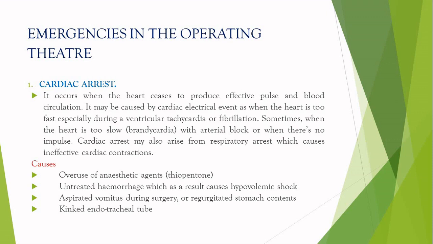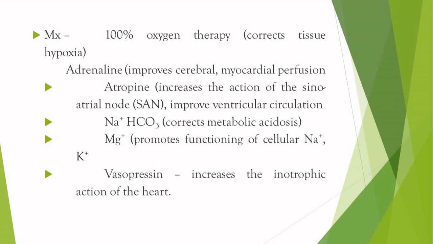Aspirated vomitus during surgery. A kinked endotracheal tube can cause cardiac arrest. Management: adrenaline, and 100% oxygen therapy, which could correct tissue hypoxia. Adrenaline could improve cerebral and myocardial perfusion.